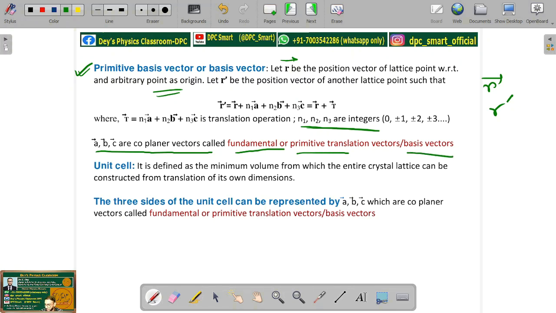So, repeating again, we take R to be the position vector of any particular lattice point.